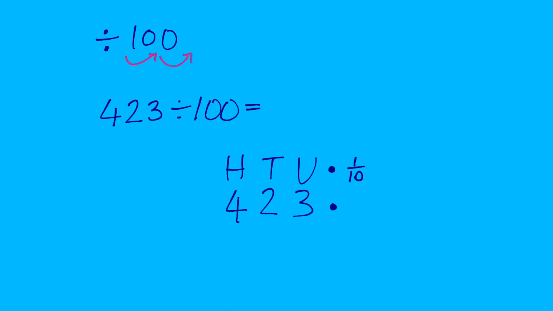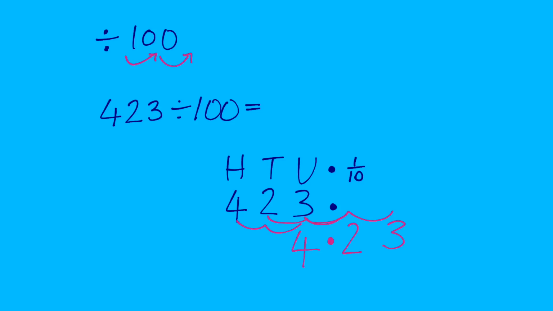So I'm going to move the 4 2 places to the right because I'm dividing by 100. The 2 is going to go 1, 2 spaces to the right, and the 3 is going to go 1, 2 spaces to the right, but I don't actually have anything here, so let's write the 3 in here and make sure we've got our decimal point. And then we need to think about this 3.